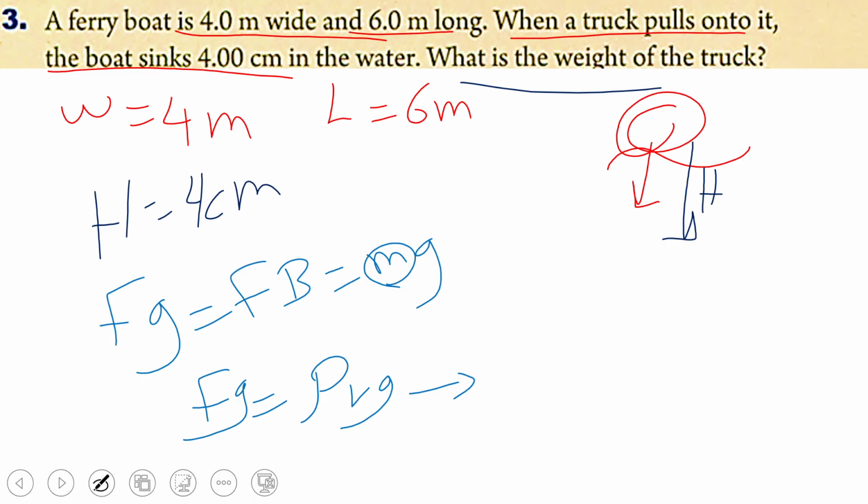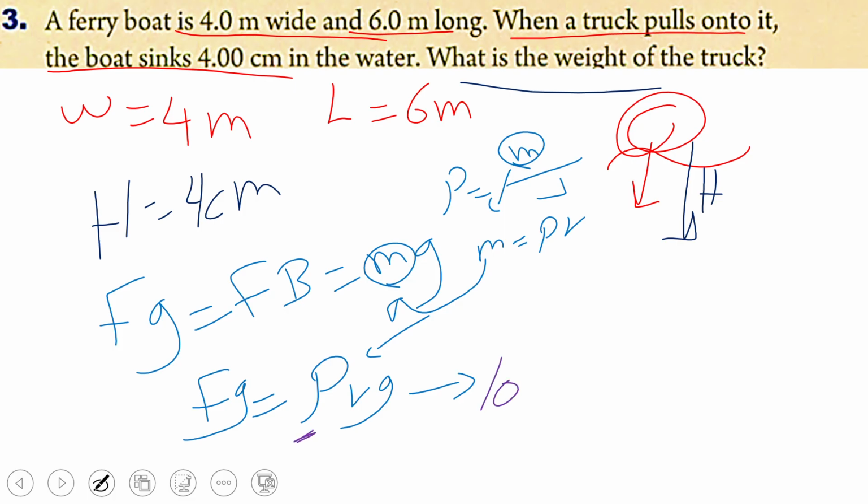According to the density rule, density is mass over volume. Find mass again: mass becomes rho V. So put the mass in here as rho V. The density of the water all the time is 1000 times the volume. Again multiply both: LWH times g, the acceleration, 9.81.